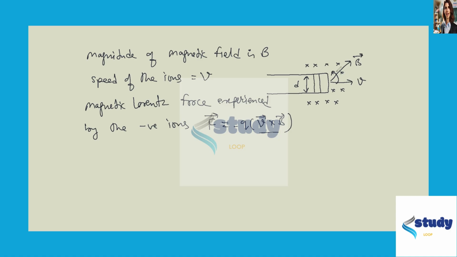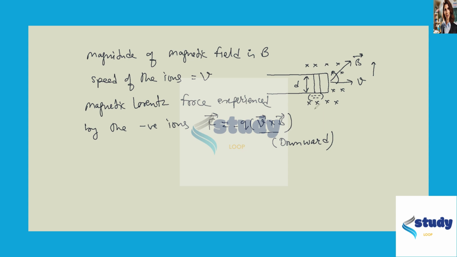So the direction of V cross B is upward, but due to this negative sign, the overall direction of this magnetic Lorentz force is downward. In the plane of paper, downward means all the negative charge will accumulate at the lower end of this segment here.